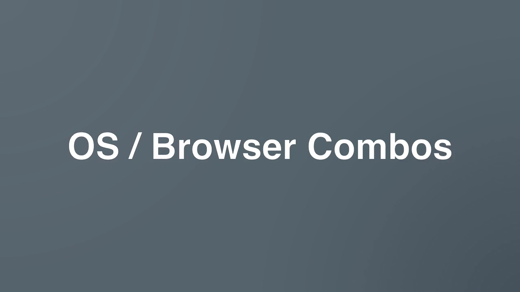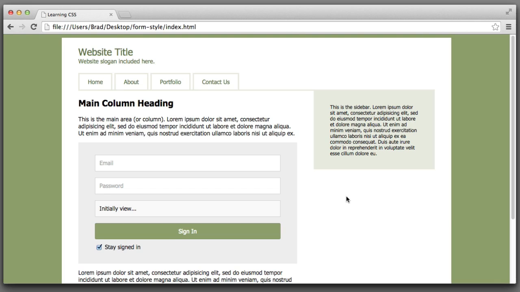And we also have Opera, Internet Explorer, Chrome for Android, a whole slew of other mobile browsers, and other mobile operating systems. So every combo is going to have slightly different looking form inputs. Some of them have their own proprietary properties that you will need to override, and it can get very messy and very time consuming very quickly.